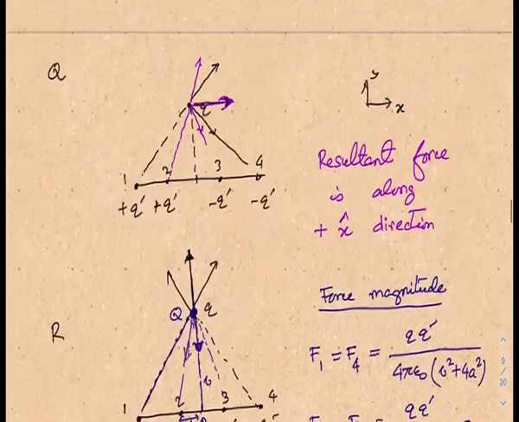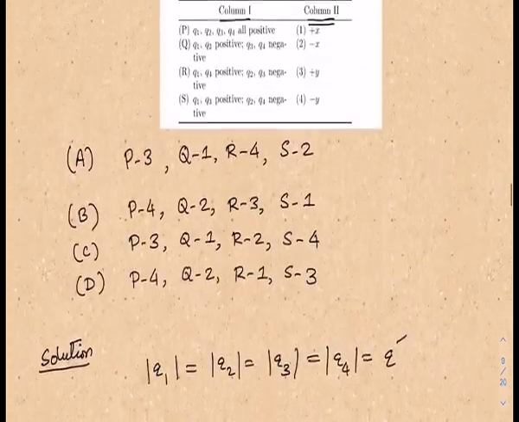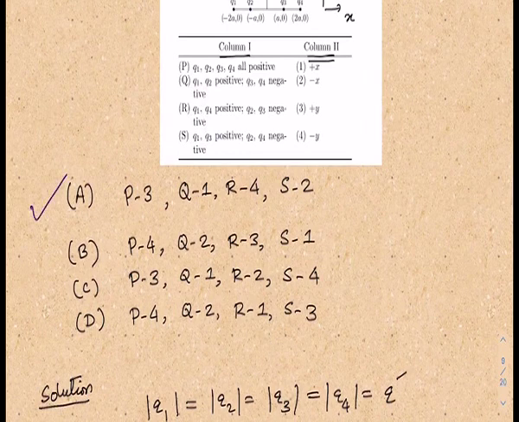So if you now look at the options here, you will find that option A is the correct one. When Q1, Q2, Q3, Q4 are all positive, it matches: the force direction is along the plus y direction.